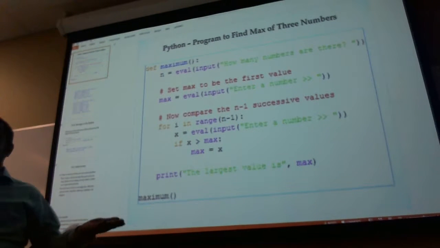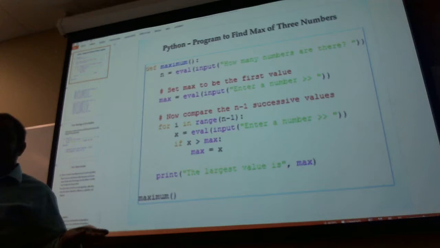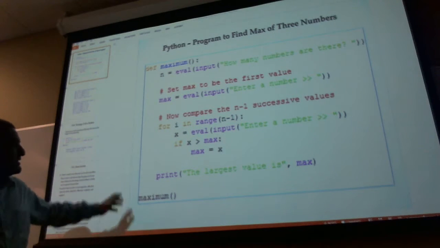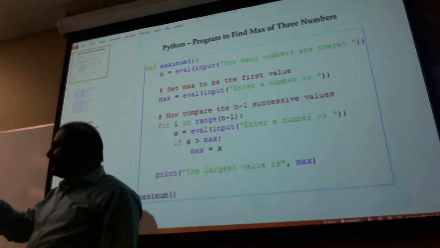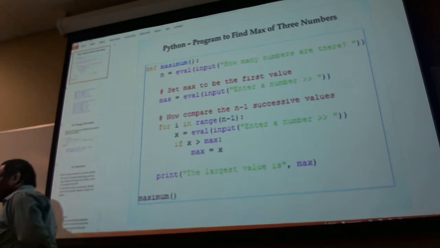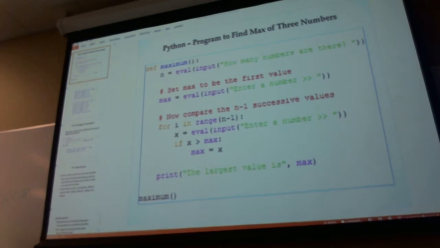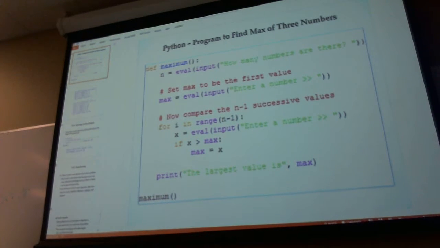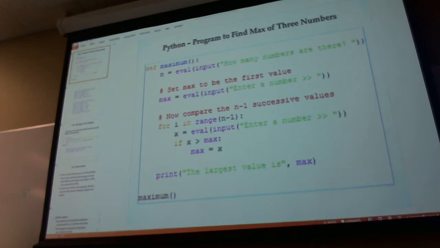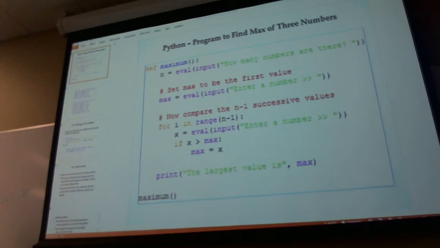For that, we have a simple built-in function called max. We don't need to write all this logic and waste the time. If you do that in the industry, when you go to work, you already have a built-in function and you don't know. Nobody teaches you or tells you to use that. Only the programmer has to decide it.